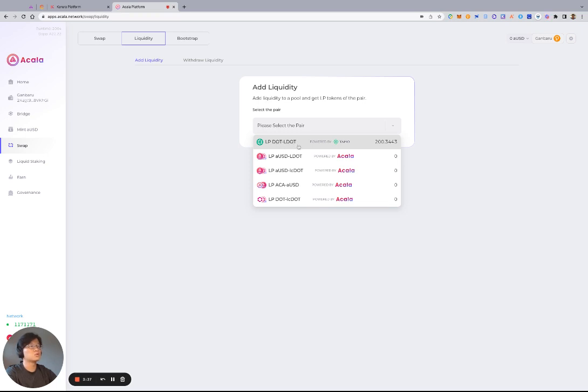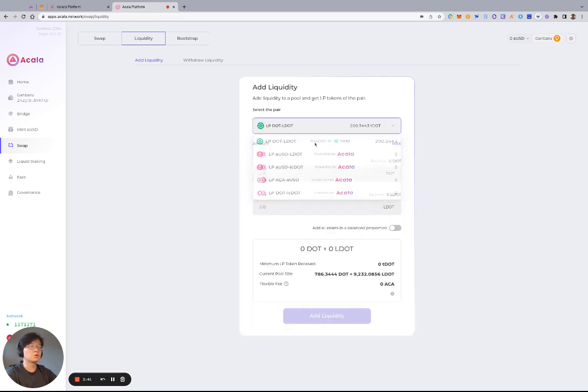So you'll select this pool, and what you'll do is you can contribute either DOT liquidity or LDOT liquidity, or you can do it in a proportional format. This pool actually supports single-sided staking, so depending on what type of DOT assets you have, feel free to contribute as much as you need or as you have.